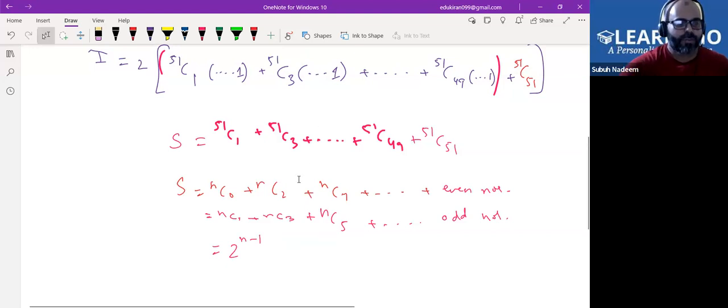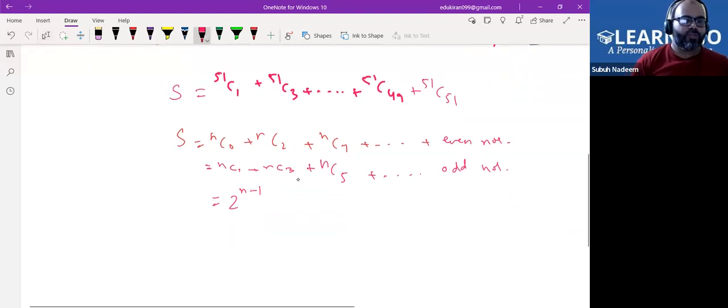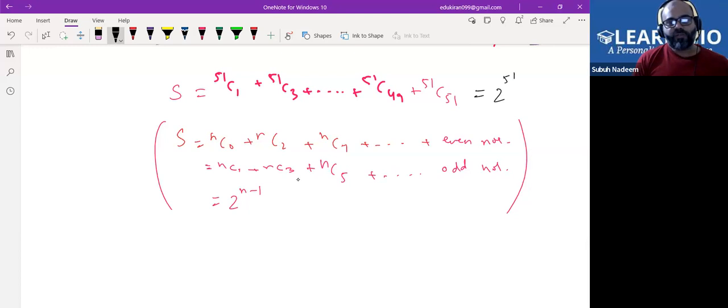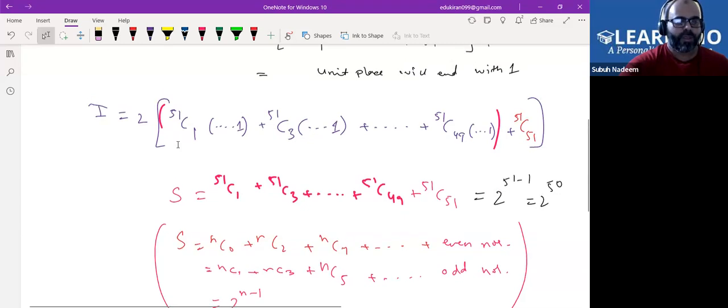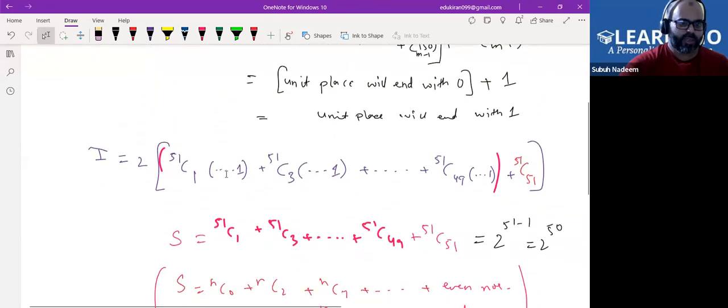So you have to remember this result. From this result, you can say that it is 2 to the power 51 minus 1, which is 2 to the power 50, right? So this big bracket here is 2 to the power 50. We are concentrating on the unit digit, okay?